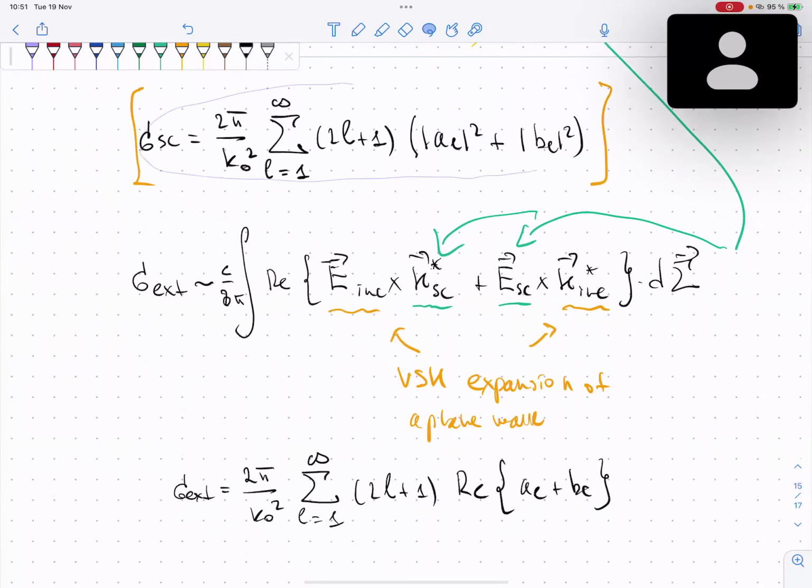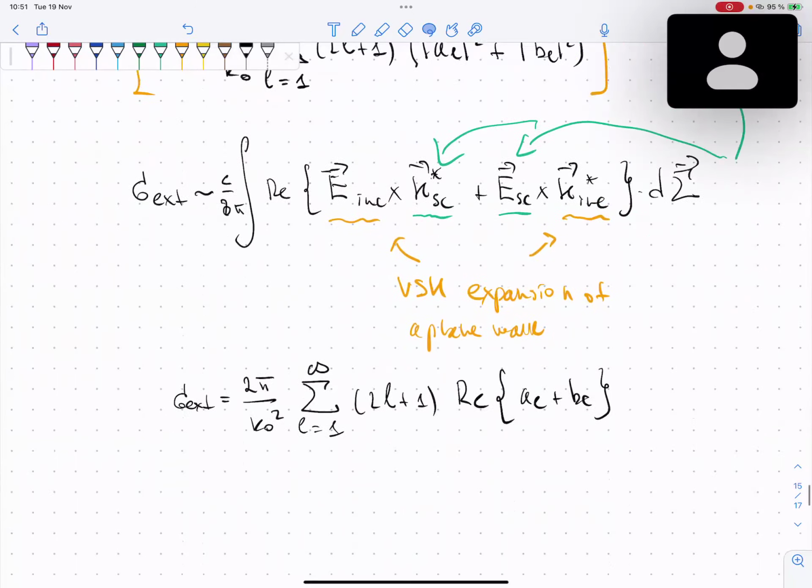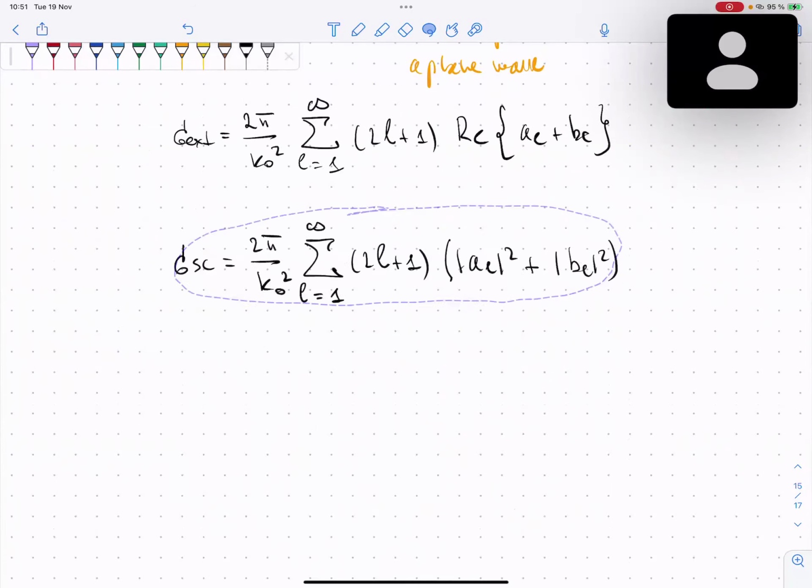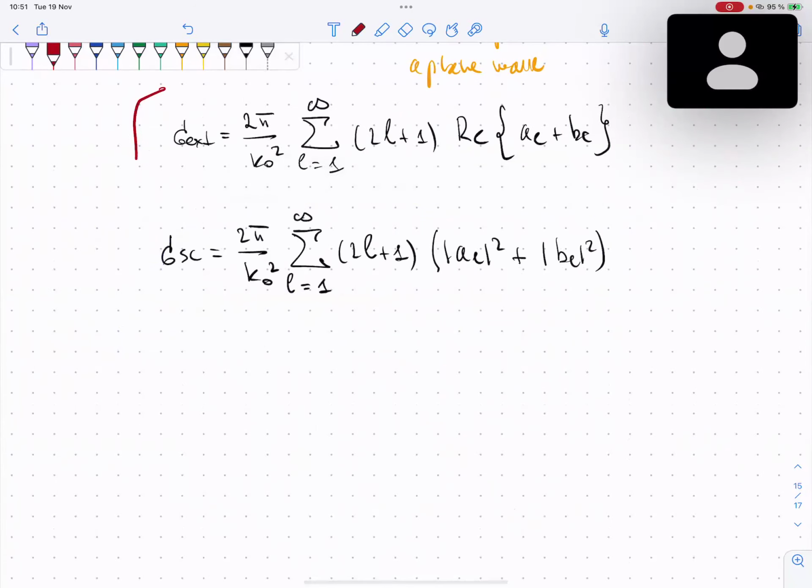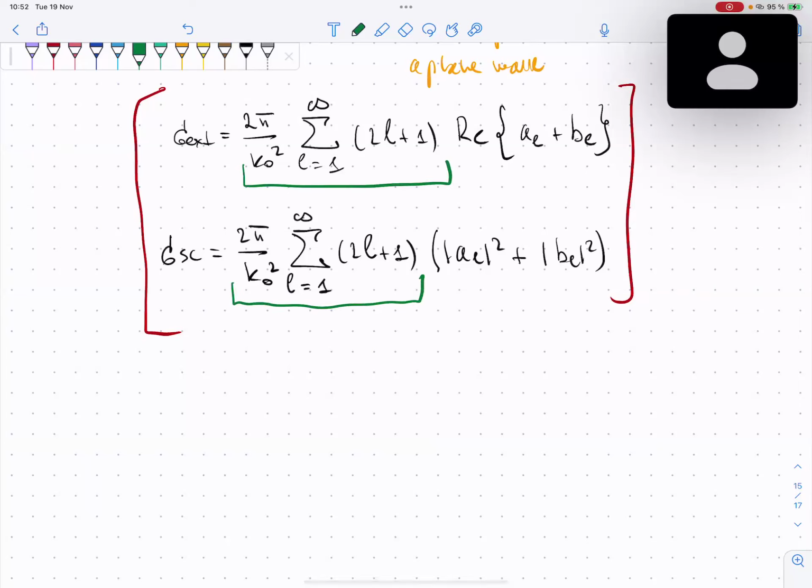This is the expression for the scattering cross-section, and this is the expression for the extinction cross-section. You see that these parts are equal, and for the extinction you have the real part of Mie coefficients. For the scattering you have the square modulus of Mie coefficients.